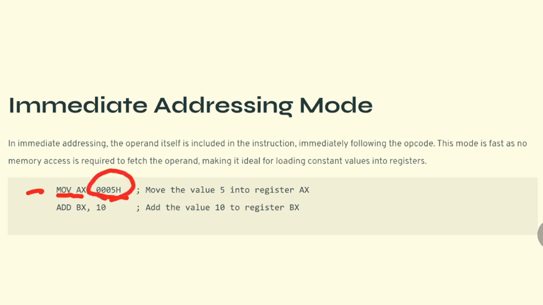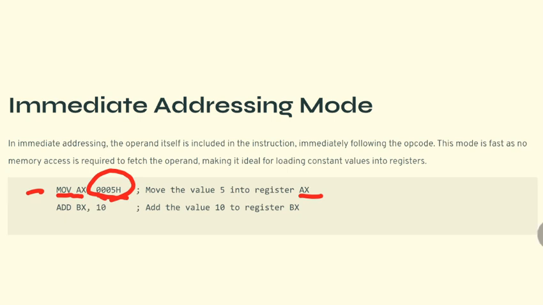Here 0005H is the operand itself, and it will move the value 5 into the register AX. So in immediate addressing mode, the data is not stored in memory. It is directly available in the instruction.